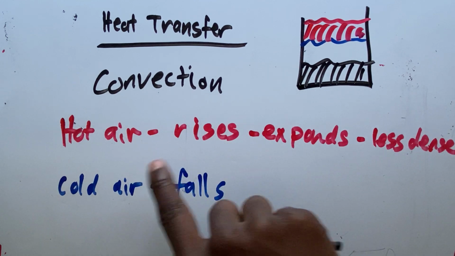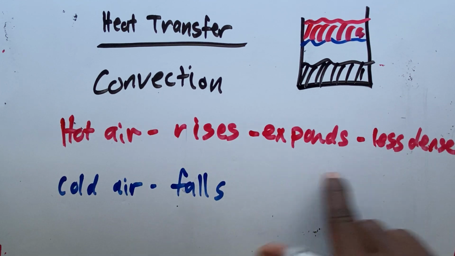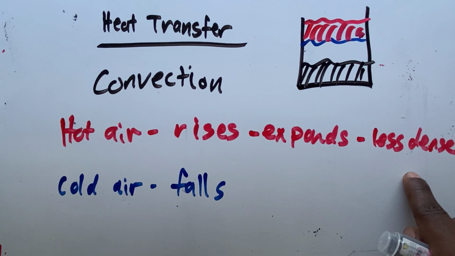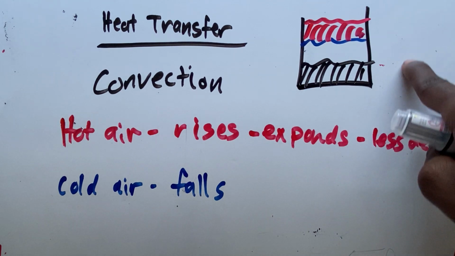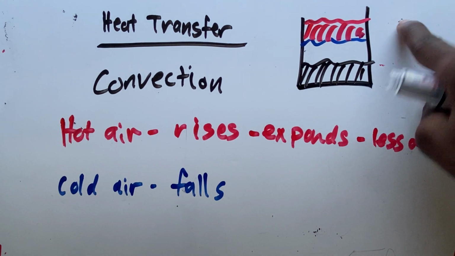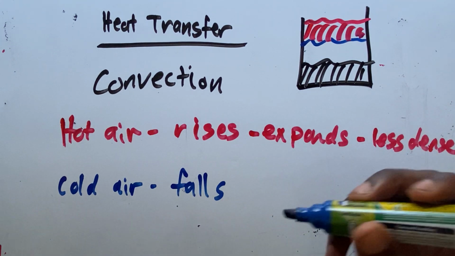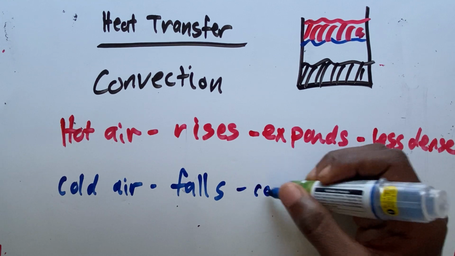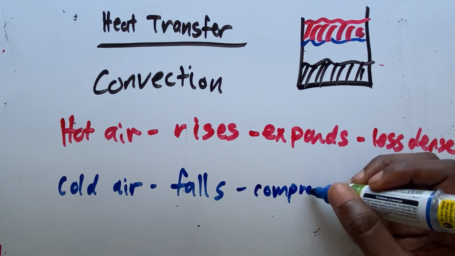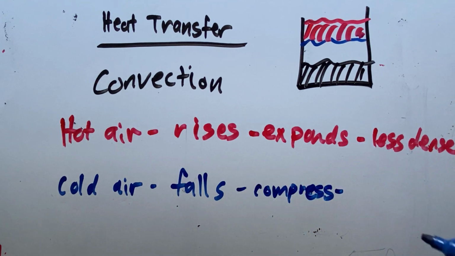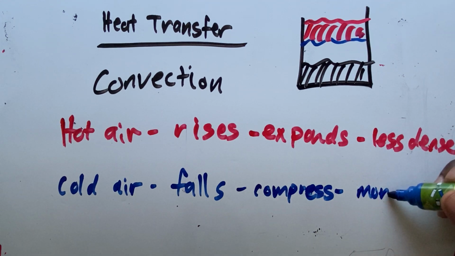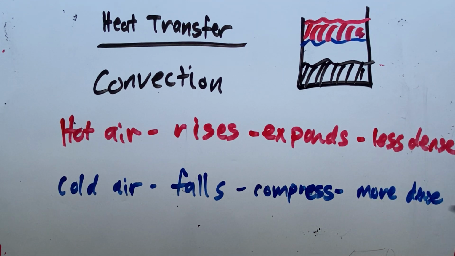As air heats up, it's going to expand and become less dense. And since it's less dense, it's going to rise up to the top, whereas cold air falls because it compresses and becomes more dense.